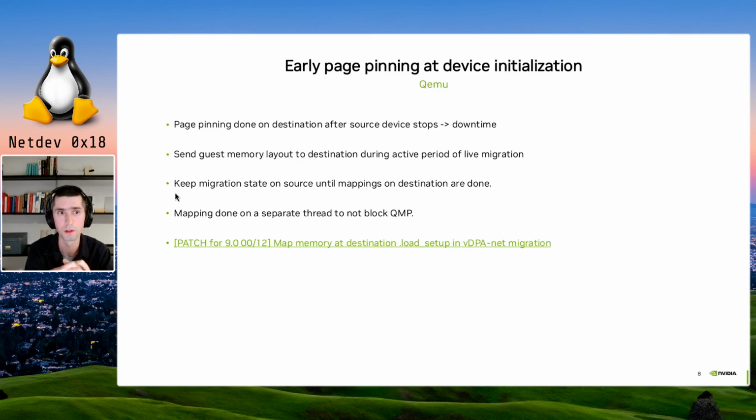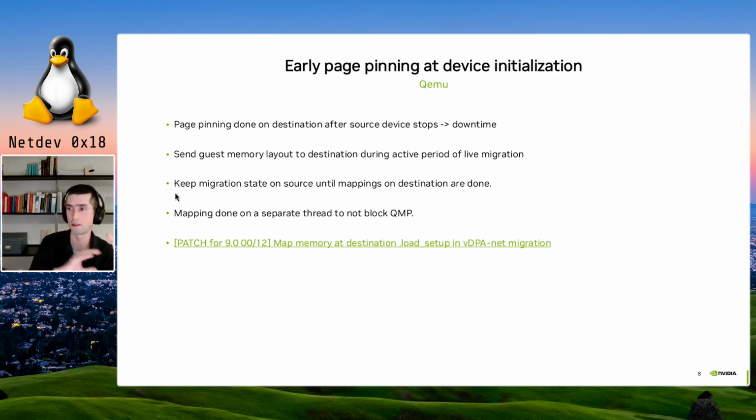On the first one, this was the large cost that you saw in downtime 2. The page pinning that happens on the destination used to happen during downtime. The observation from Eugenio, I think it was, is that we already know the layout of the source VM when the live migration starts.